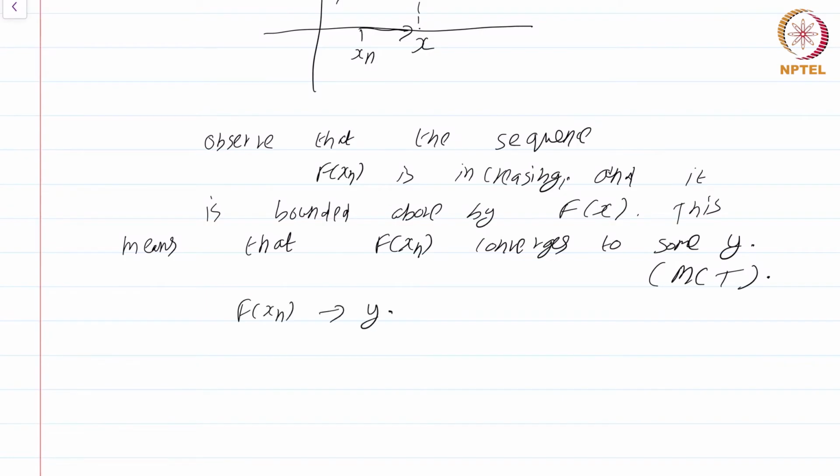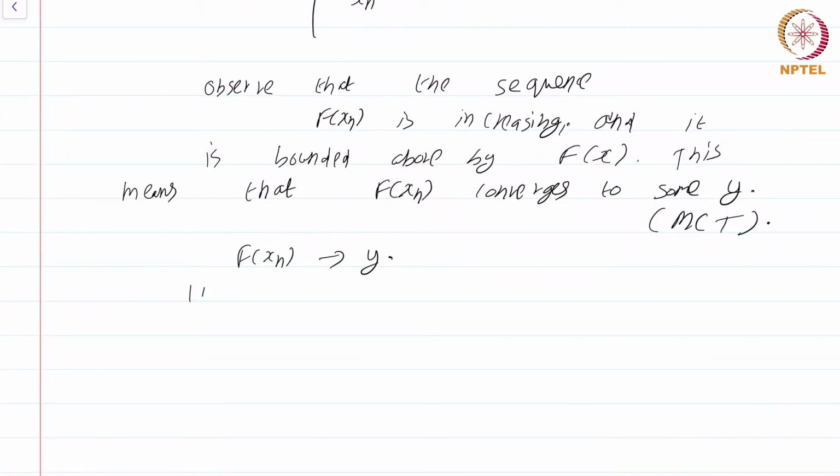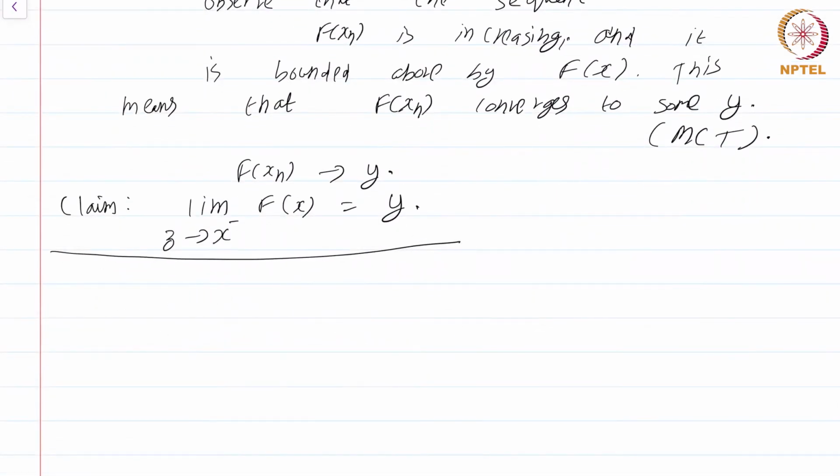Okay. Now I claim that this will force the limit as z goes to x from the left of f of z to be equal to y. I have to use a new variable, z, since x is already taken. This is the claim. Now I'm going to leave it to you to go back to the definition of one-sided limits and check that the argument I'm about to give is 100% proper. So what we do is the following.